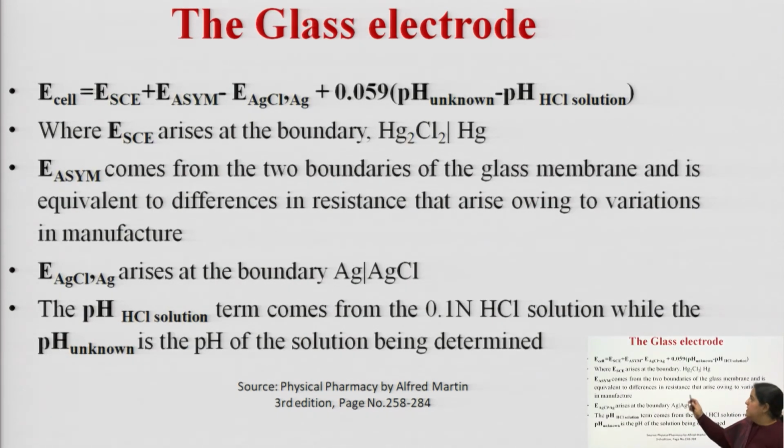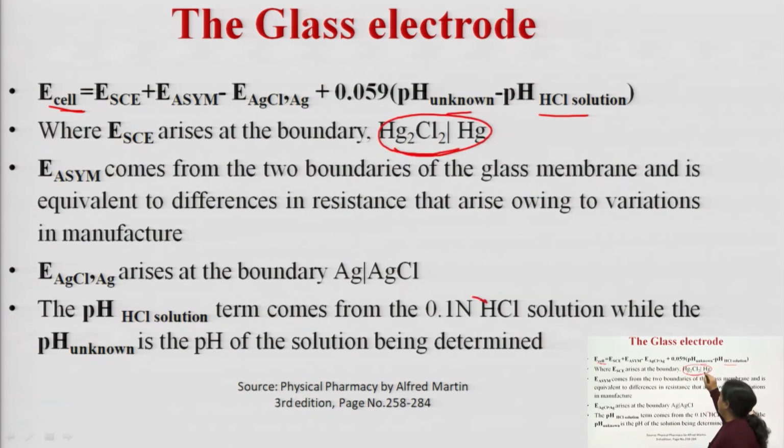Right. The total cell potential in this case can be calculated by this equation, and it can be written as E cell is equal to E_SC plus E_ASYM minus E_AgCl,Ag plus 0.059 times pH of unknown minus pH of hydrochloric acid solution, right, where E_SC arises at the boundary of Hg2Cl2, Hg, right.